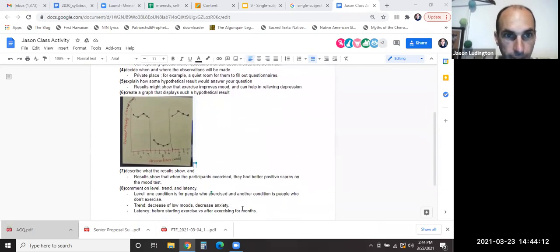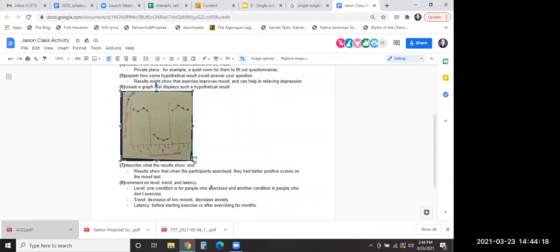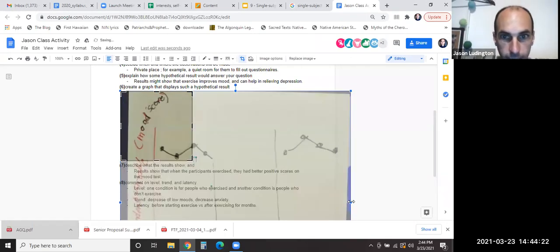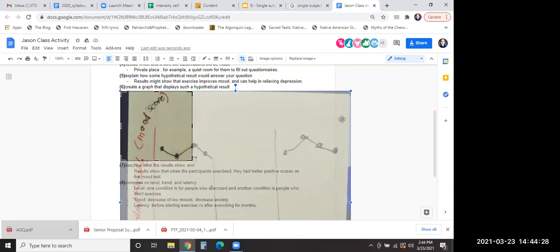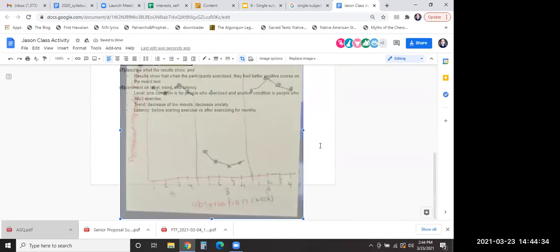And here's your graph. I will see if I can enlarge it. It was done on a sticky note. That's great. Okay. You're like on crop mode. I don't really know how to explain it.